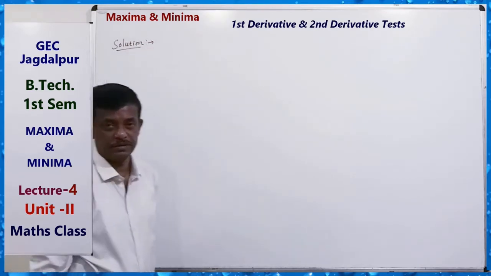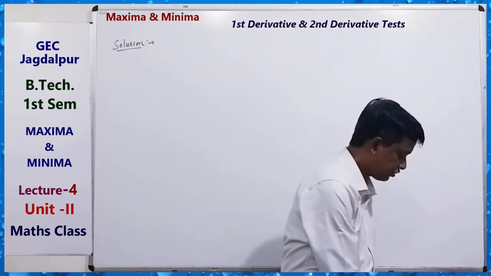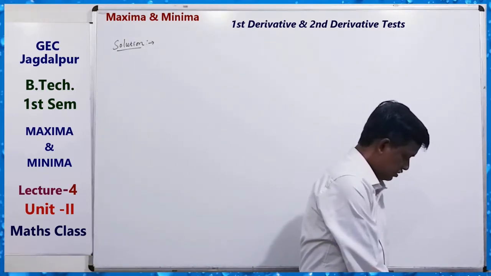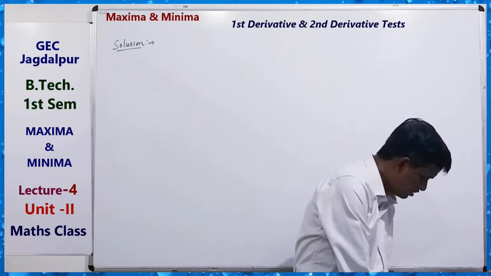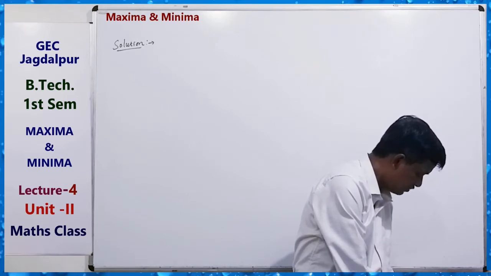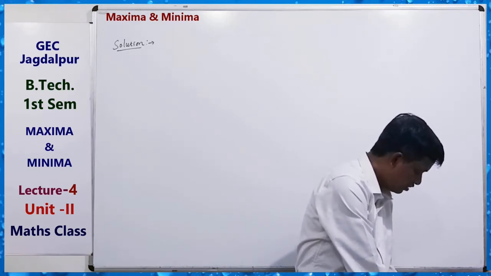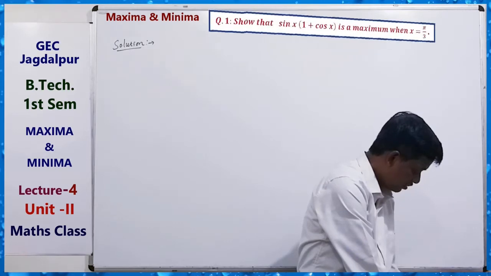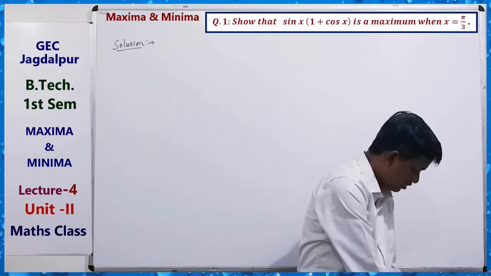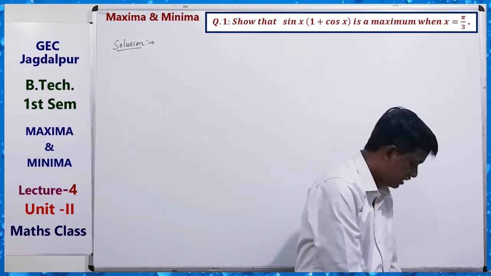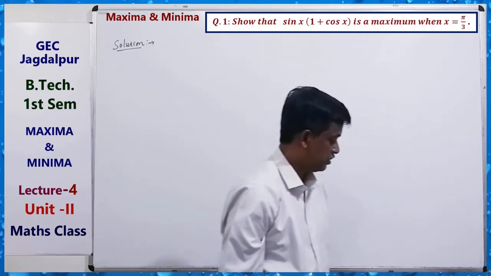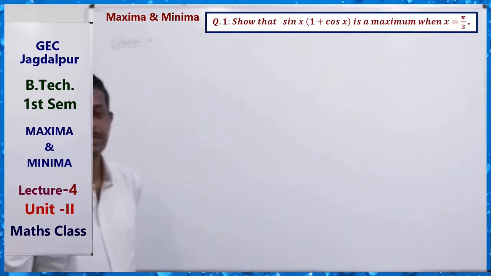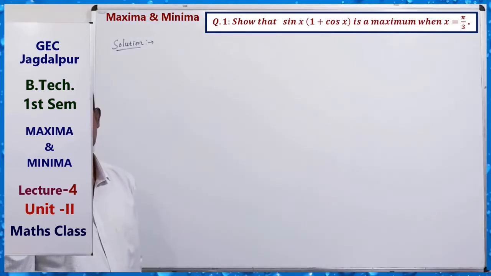Take question first. Okay, that is a simple question. Show that sin x (1 plus cos x) is a maximum when x equals pi by 3.